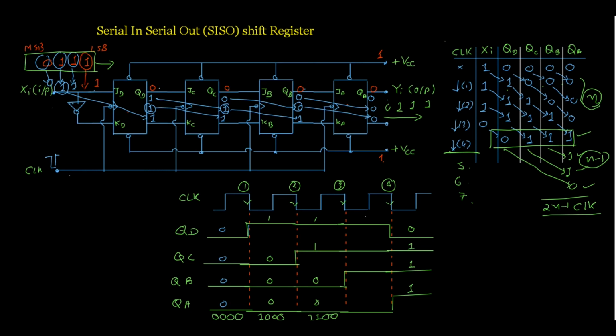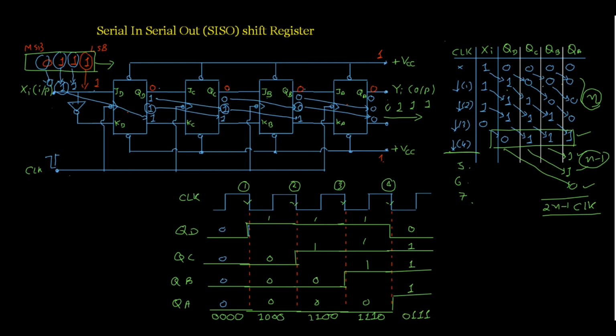Then the third, 1, 1, 1, 0. And with the fourth negative edge, we have 0, 1, 1, 1. So in this way, my input is 0, 1, 1, 1. Then after the fourth clock pulse, the SISO register contains 0, 1, 1, 1.